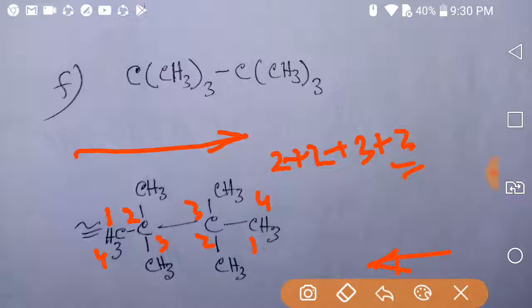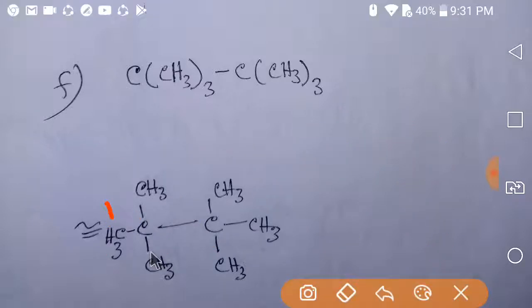If you add, then you are getting 10. And if you add the positions of the branches from right to left, then you are getting 2 plus 2, 2 plus 2, then 3 plus 3, that is 10. So from both sides we are getting the equal value, so we can choose any side, right?